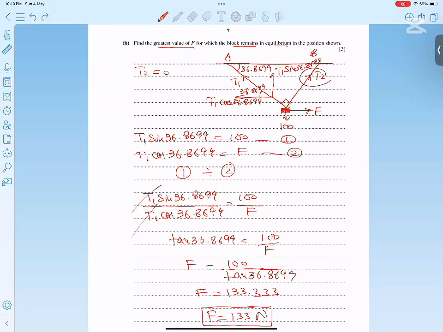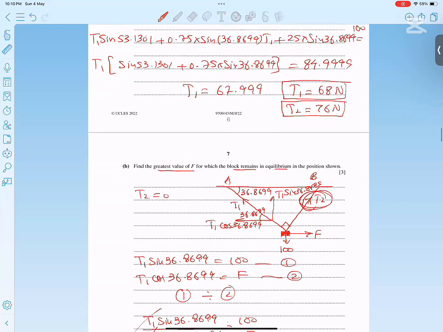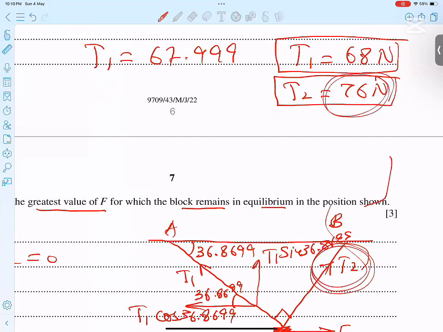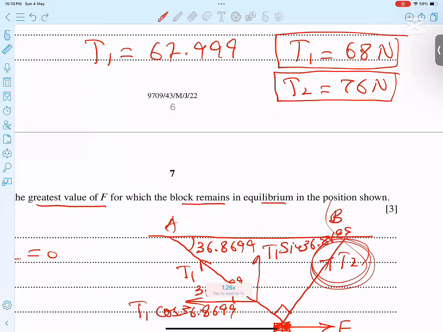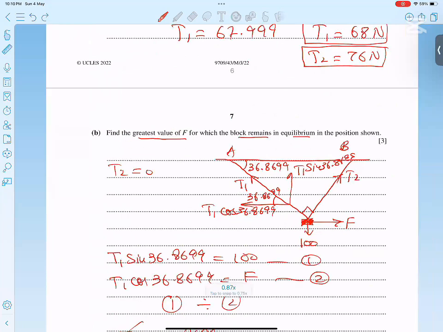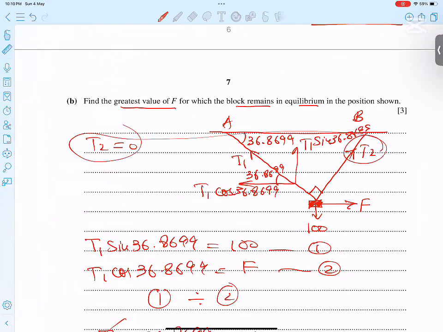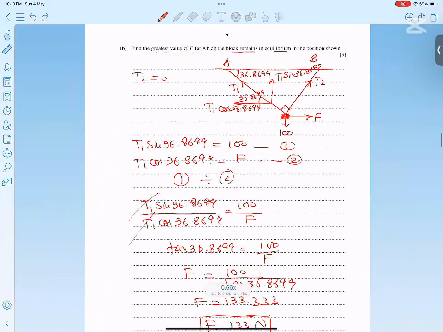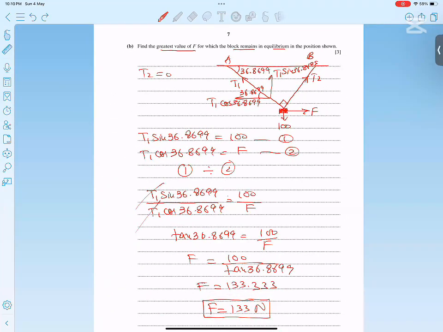This tension is there actually. Let's say tension 2 is 76 newtons, and I need to convert the 76 newtons to 0 newtons. That 0 will give us the largest force, so we need to make this 0. This is the only logic to get this question. I hope the concept is very clear.